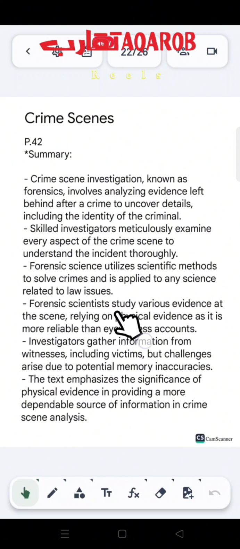Forensic scientists study various evidence at the scene, relying on physical evidence as it is more reliable than eyewitness accounts. Investigators gather information from witnesses, including victims, but challenges arise due to potential memory inaccuracies. The text emphasizes the significance of physical evidence in providing a more dependable source of information in crime scene analysis.